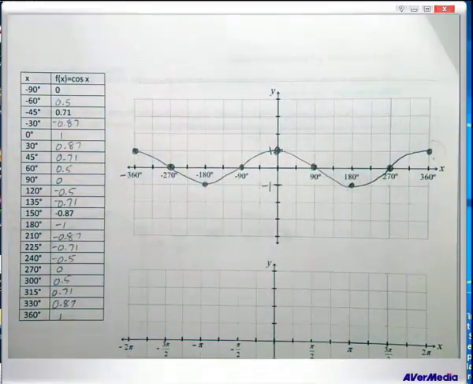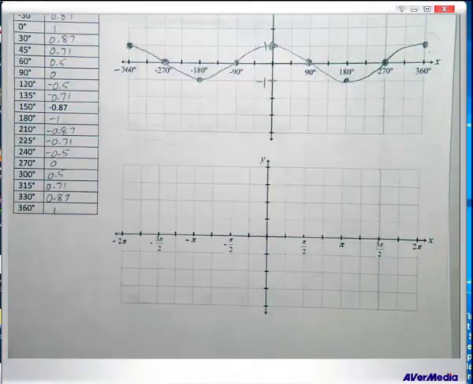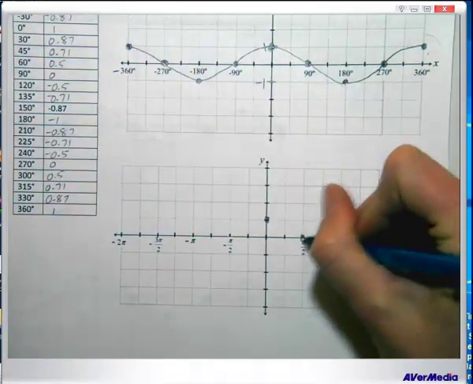So you can see this is a periodic function, but it's a little bit different than the sine function in that its y-intercept is in a different spot, but then from there it goes down first and then back up. That's what your cosine function looks like. If I was to graph that against radians instead of degrees, it's going to have the same exact shape.